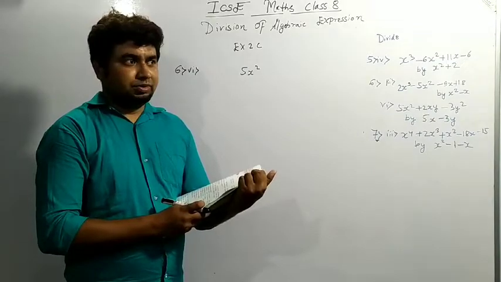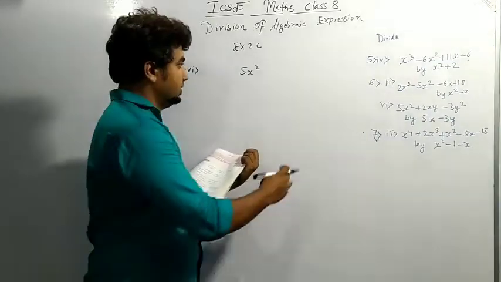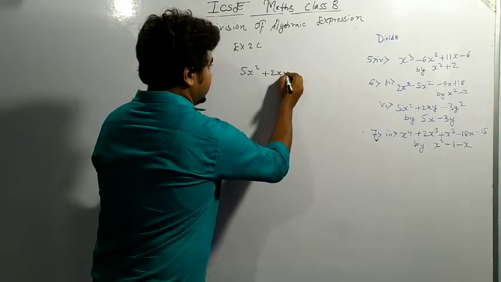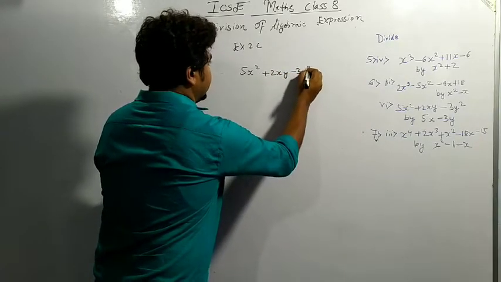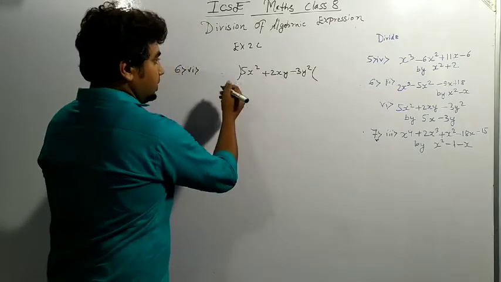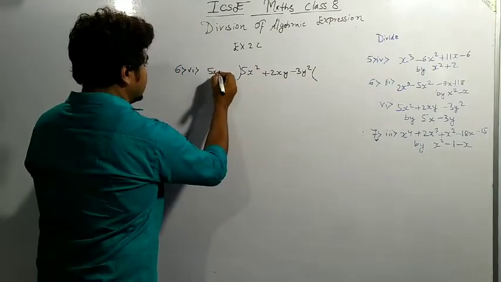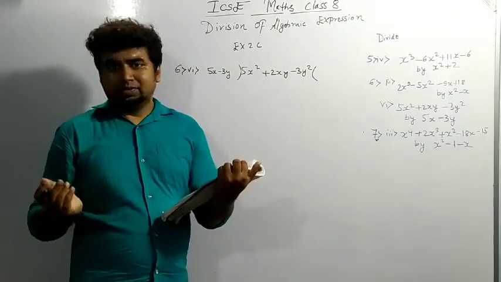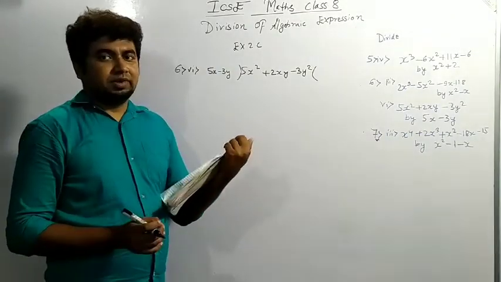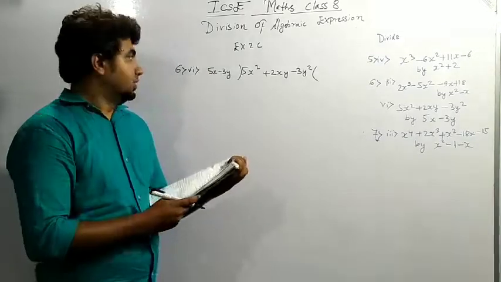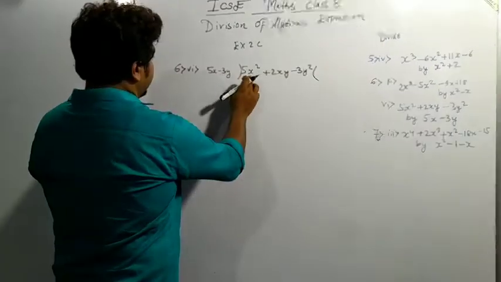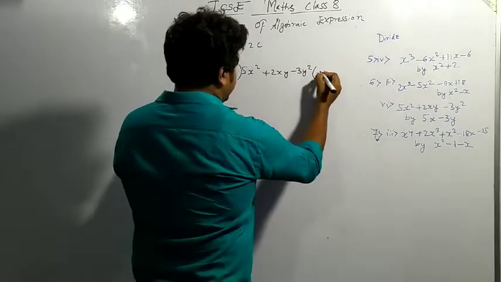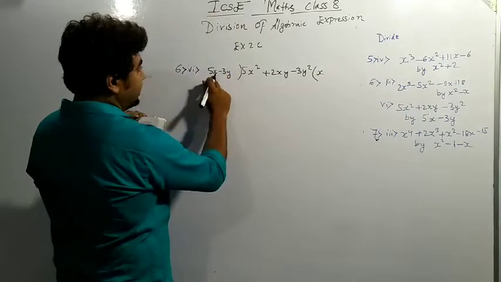Okay. In question number 6 bit 6, 5x square plus 2xy minus 3y square is given, and we have to divide it by 5x minus 3y. This is given to us. Now again, here it is 5x and we have to make 5x square. Means if I will be multiplying with x, it will become 5x square.